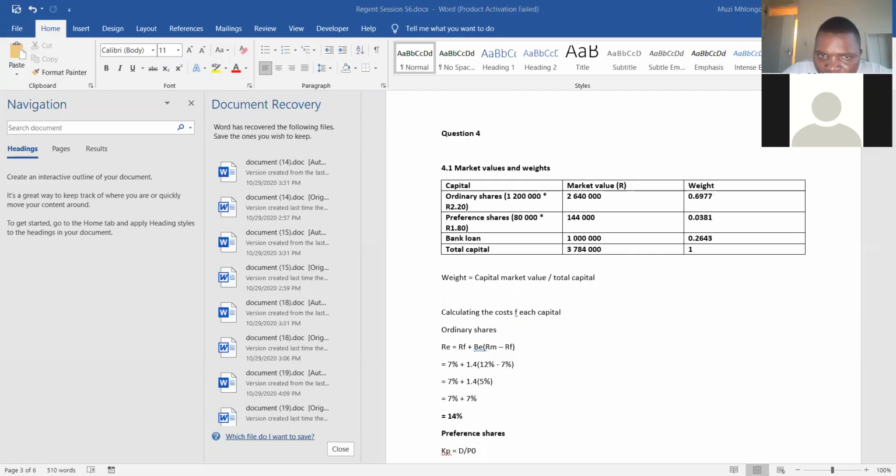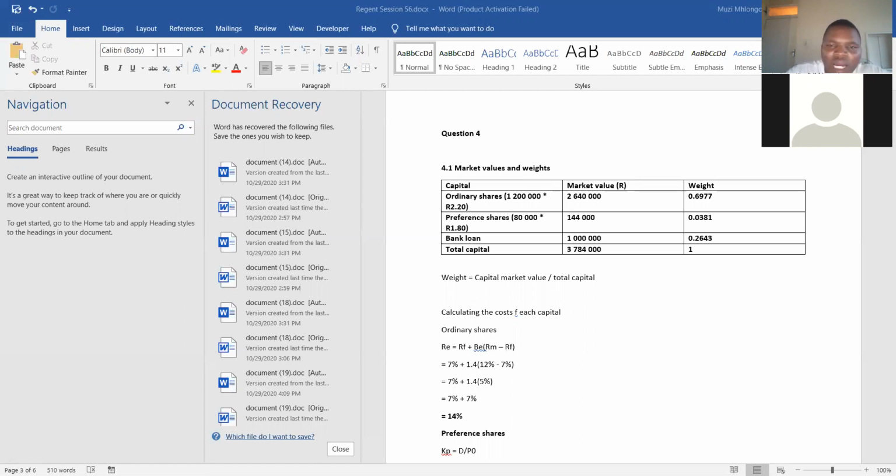Basically, if I go back to the question paper, it reads as follows. Their present capital structure is as follows: 1.2 million, two rand ordinary shares now trading at 220 per share. Another tip to notice here: these shares were issued at 2 rand each, and now they are trading at 220.